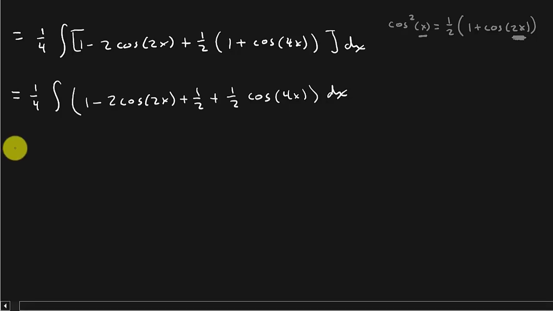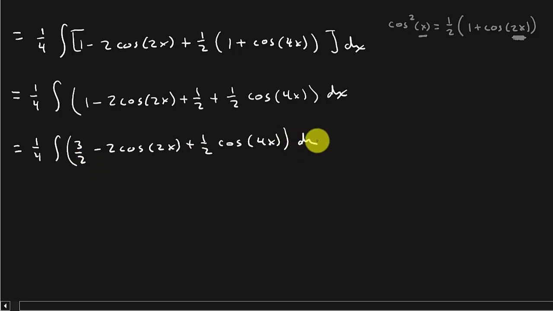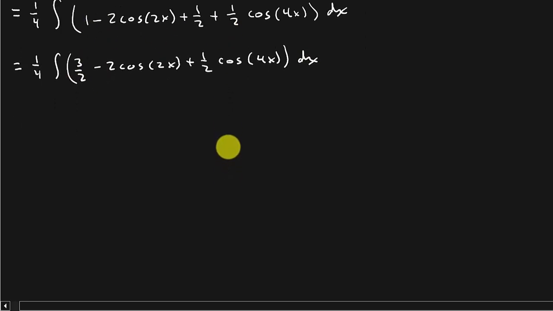My next step, I'm going to write 1/4, and then that's going to be 3/2 minus 2 cosine 2x plus 1/2 cosine 4x dx. What did I do there? I just did 1 plus 1/2 is 3/2. So now we're ready to integrate. I'm going to integrate each term.